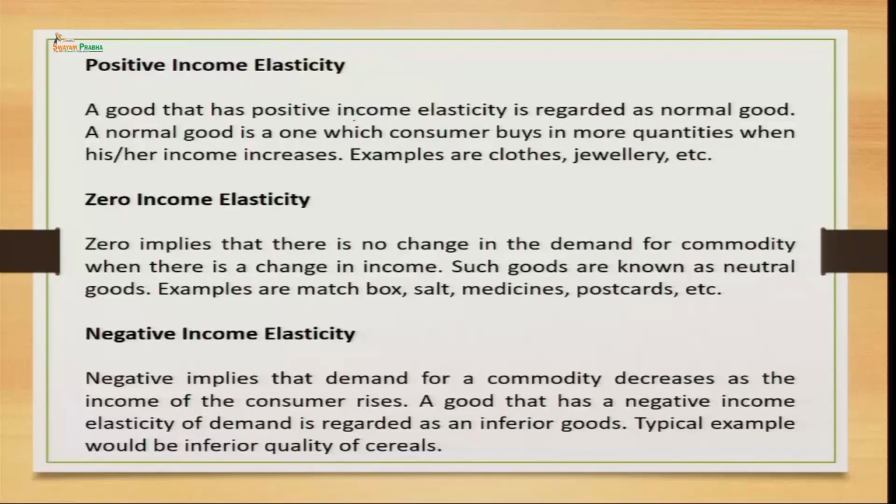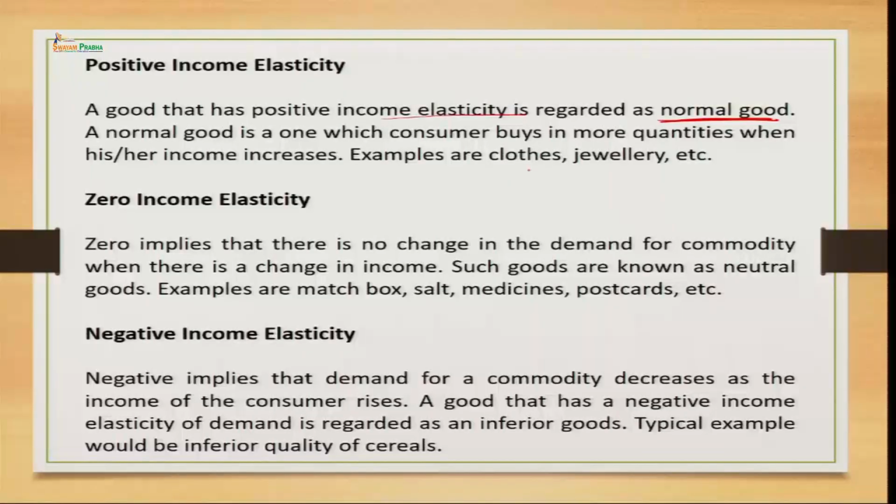So, a good that has a positive income elasticity is regarded as a normal good. In the case of normal goods, we have this positive income elasticity because whenever the income of the consumer increases, demand for these goods keeps on increasing, and this happens usually in the case of clothes, jewelry, etc. So, these are the normal goods and they are positively related with the quantity demanded in terms of income.